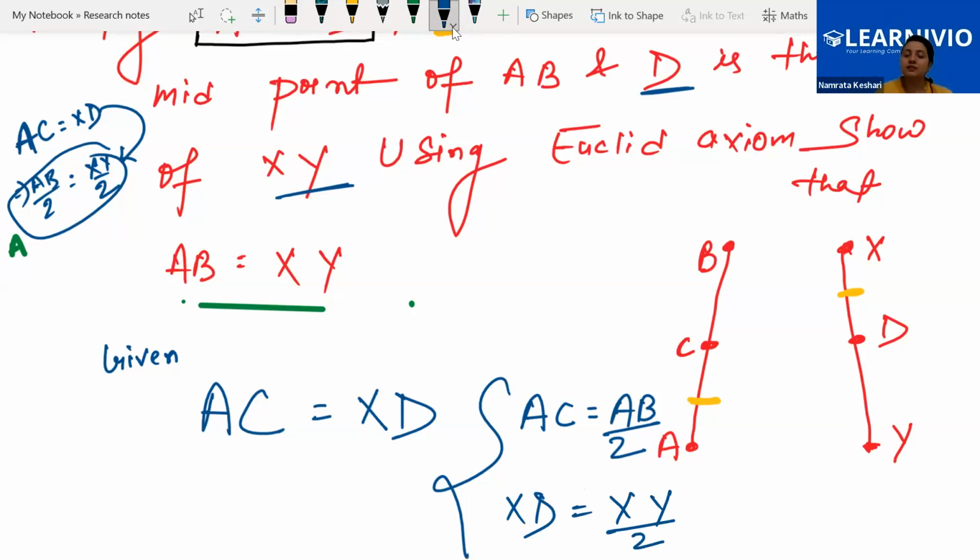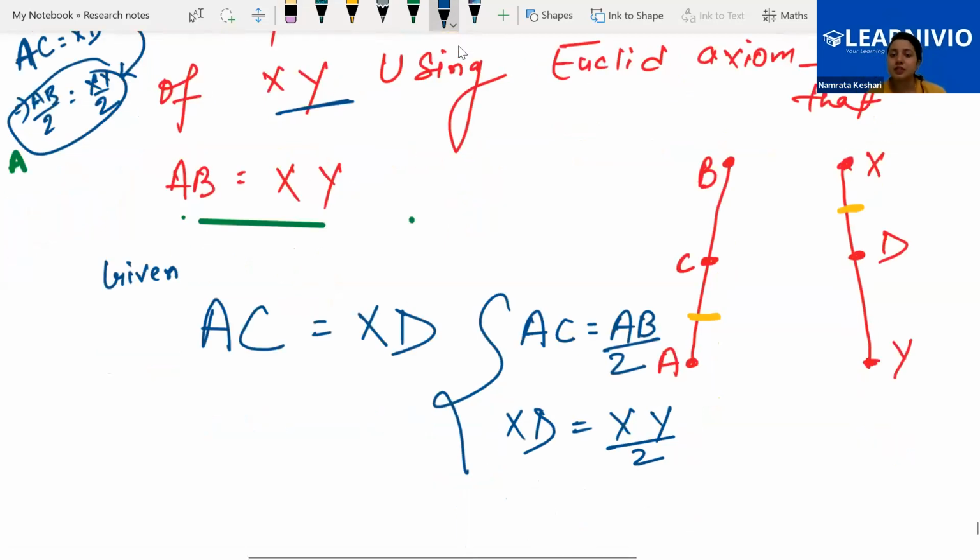Can we write like this? Since D is the midpoint, this much length is what? Half of the total. XD is half of the total. Can we write like that? Since D is the midpoint, can we?